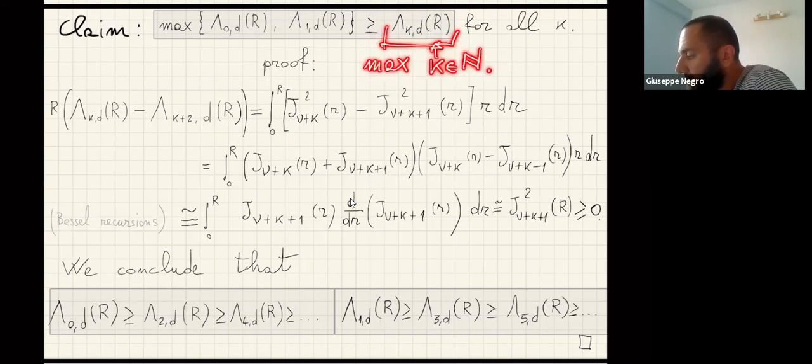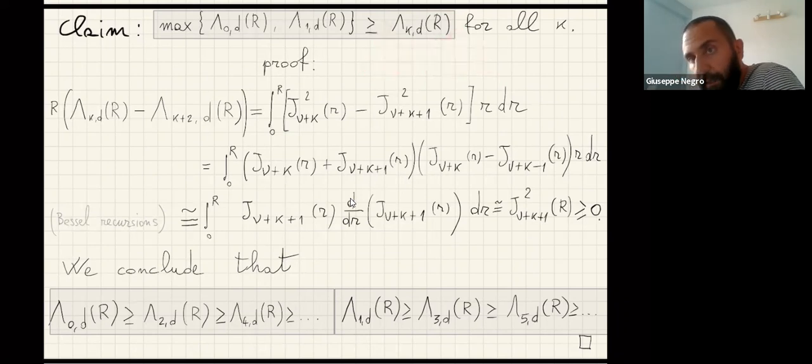But now, with this computation that I'm going to present, I claim that it's actually enough to compute the maximum of the first two objects. And the reason is that there is here an identity which I'm going to derive.